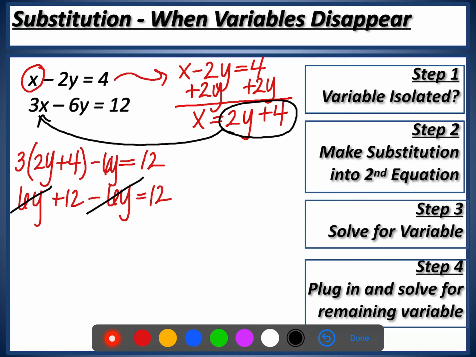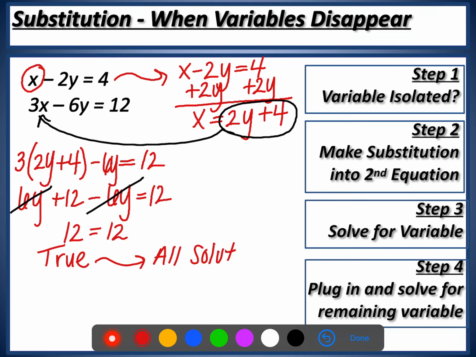Alright, so combining like terms, 6y minus 6y cancels again. I get 12 equals 12. Well, this now is a true statement. And we know the final answer for a true statement is all solutions.